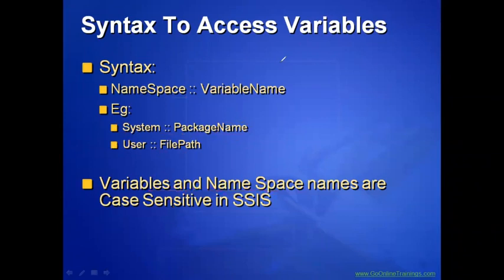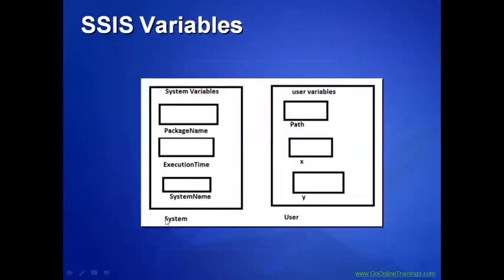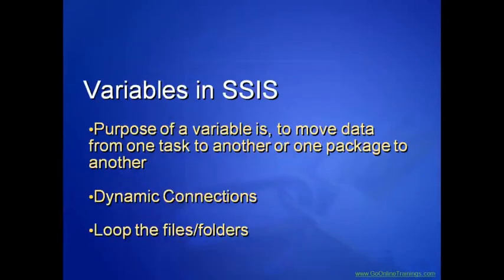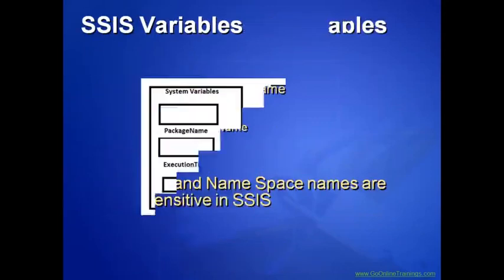For the namespace name, S is a capital, U is a capital. If you give small x, you can use small x. But if you give small y, you have to use User::small x, User::small y. If you give capital Y, it is not going to work. Clear?